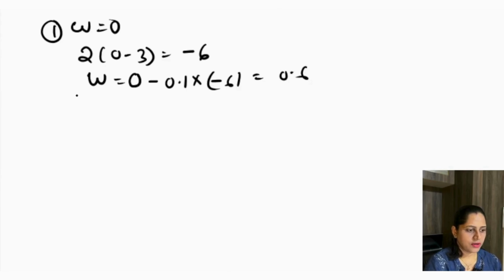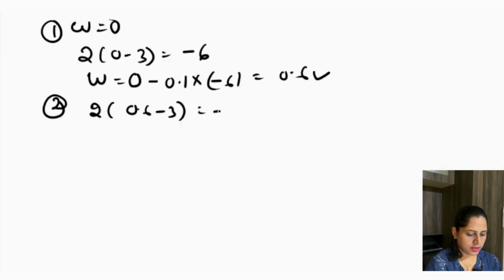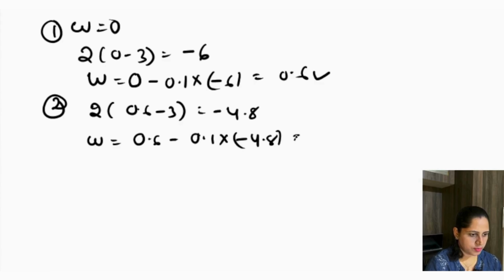So first iteration over. Then the second iteration, it will take this weight and calculate the gradient, which is minus 4.8. Then I'm going to calculate w here: 0.6 minus 0.1 into minus 4.8, which is coming 1.08.